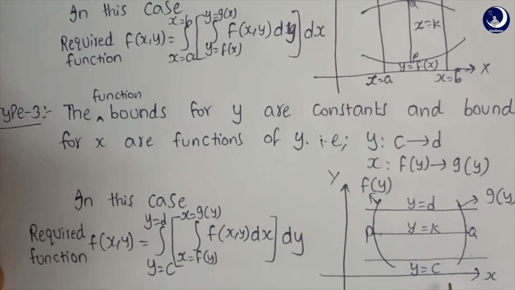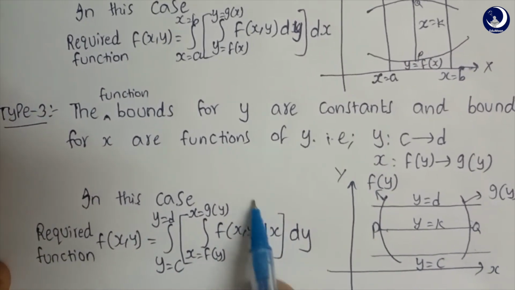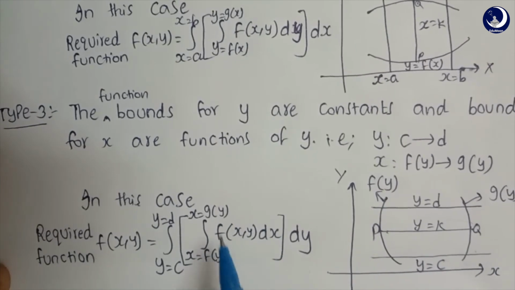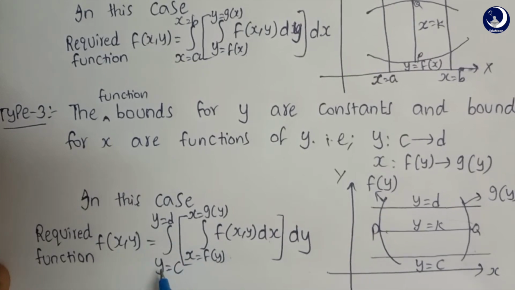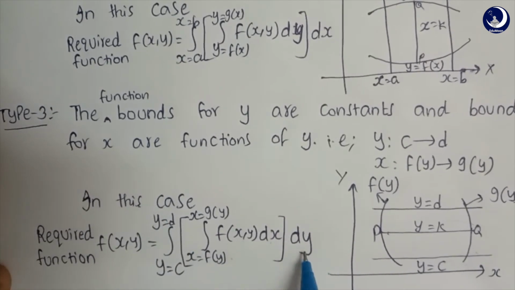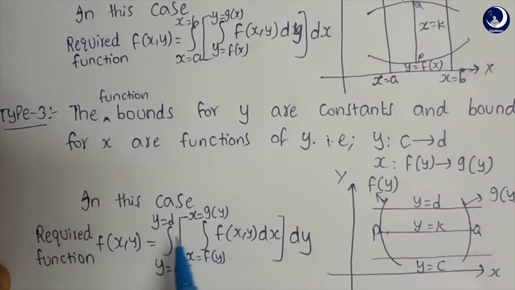The required integral is x equal to f of y to x equal to g of y, f of x comma y dx, and then the integral from y equal to c to y equal to d dy. So first we integrate the x limits, after that we integrate the y limits.